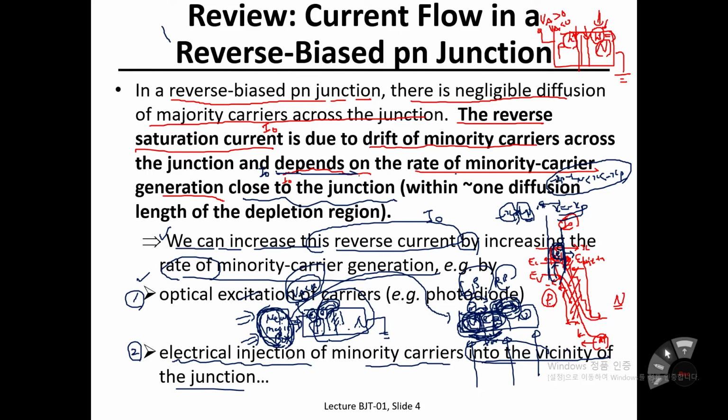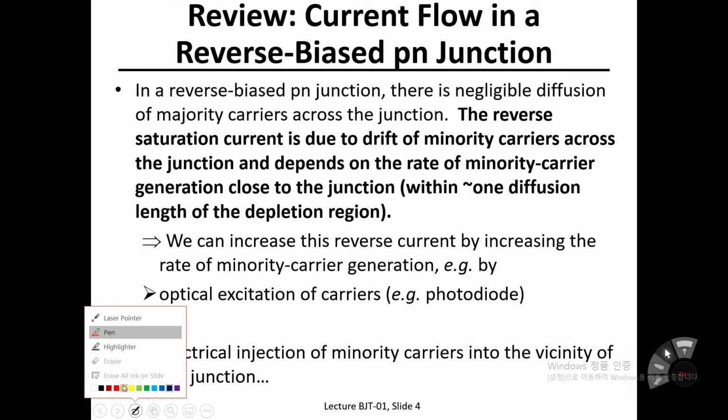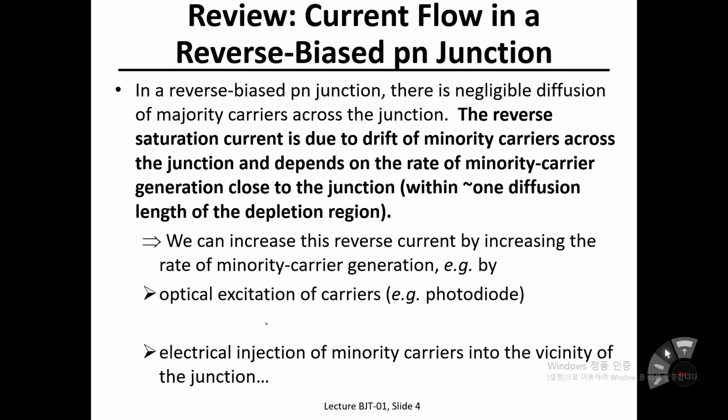Anyhow, the thing that I would like to deliver to you is how to increase the rate of minority carrier generation close to the junction. Think about this issue.